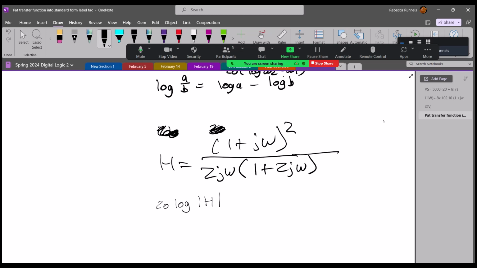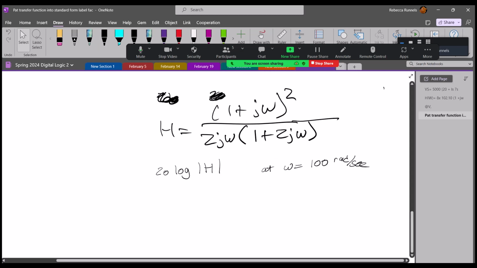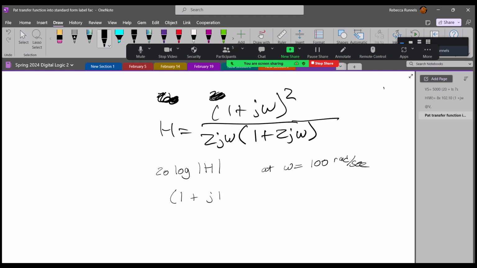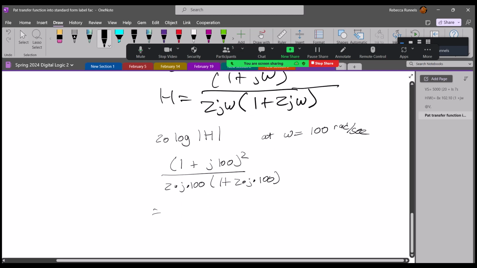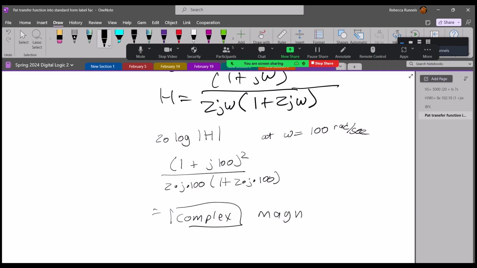If I want to find the magnitude of the gain at omega equals 100 radians per second, if I have a calculator that doesn't mind complex numbers, I can do 1 plus j times 100 squared over 2 times j times 100 times 1 plus 2 times j times 100, and get that answer, and then use my complex menu to find the magnitude, because this will be a complex number.